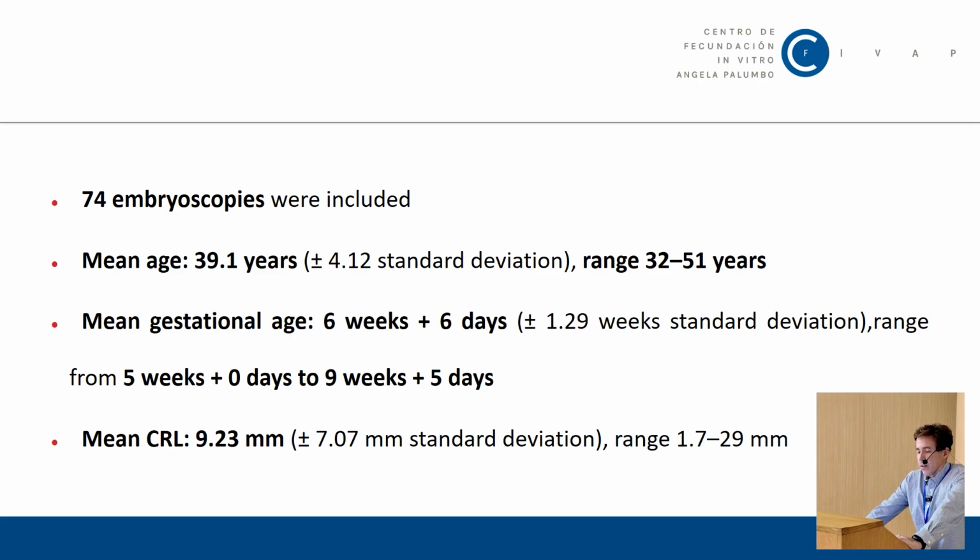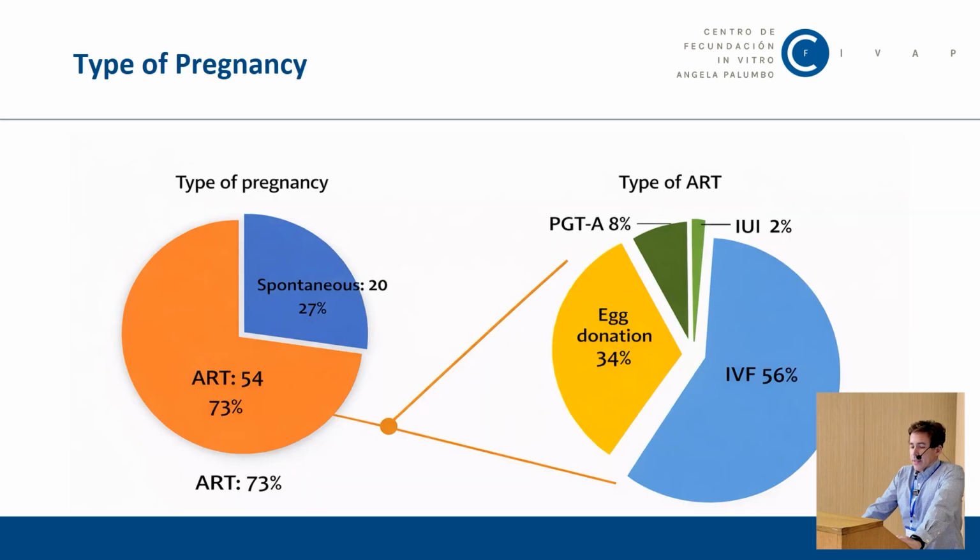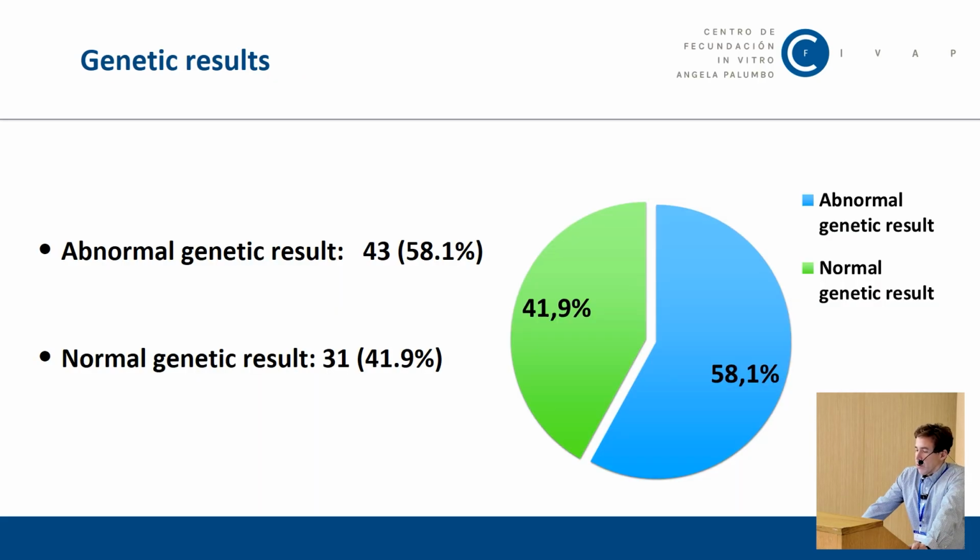And the CRL mean was 9.2, and the range was 1.7 to 29 millimeters. 33% of the pregnancies were by artificial technique, by IVF, insemination, egg donation, or PGT. And the results were that 58% were abnormal genetic results, and 42% were normal.